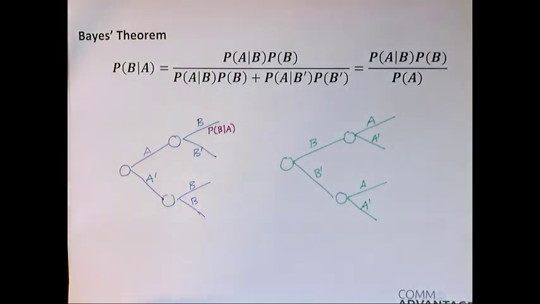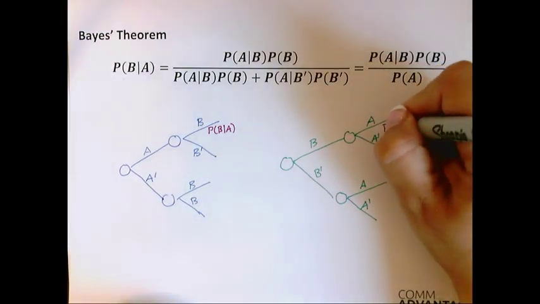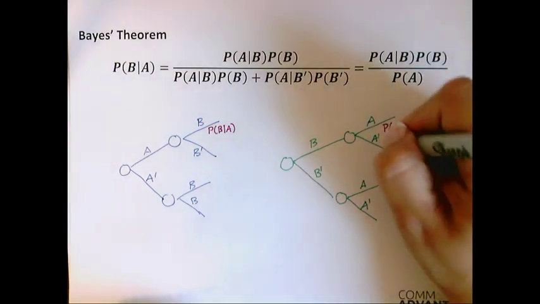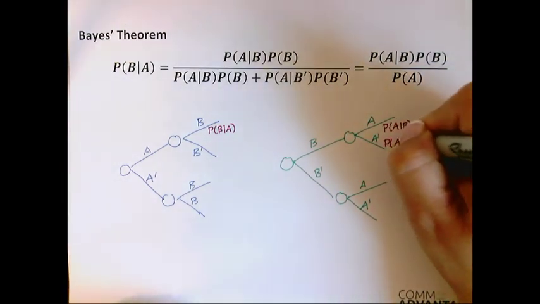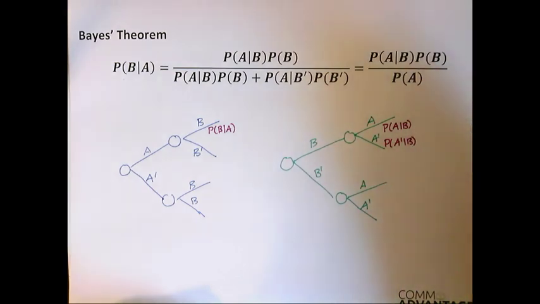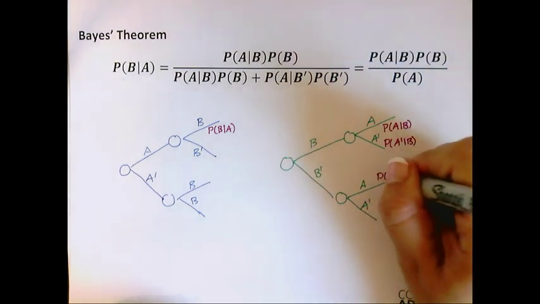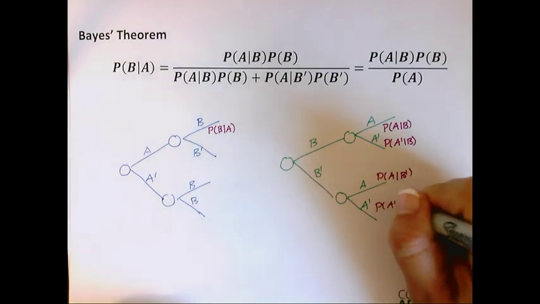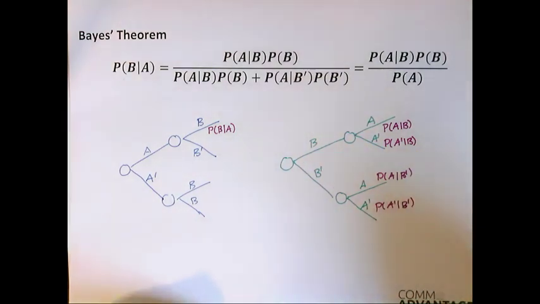In this situation, our probability on these branches is the probability of A given that we know B has happened, the probability of not A given B, the probability of A given not B, and the probability of not A given not B. You're like, oh God, Dalton, what do all these things mean? I promise it comes together when we start looking at this in the context of an actual practice problem.